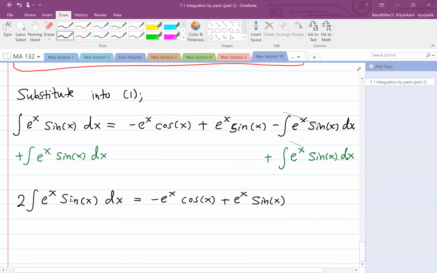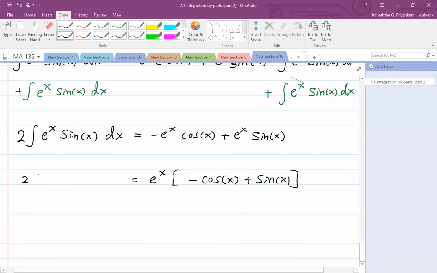Now I can factor out e to the power x from these two. Then we get negative cosine x plus sine x. That would be 2 times integral e to the power x sine x dx.